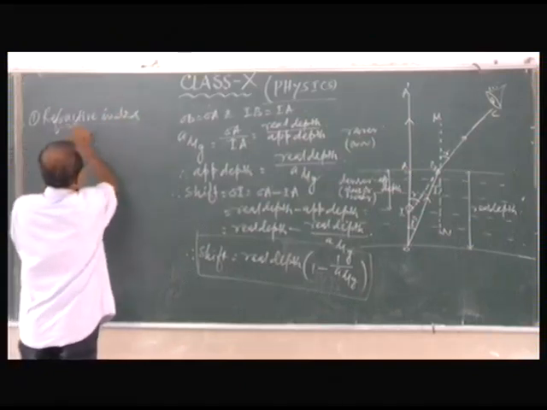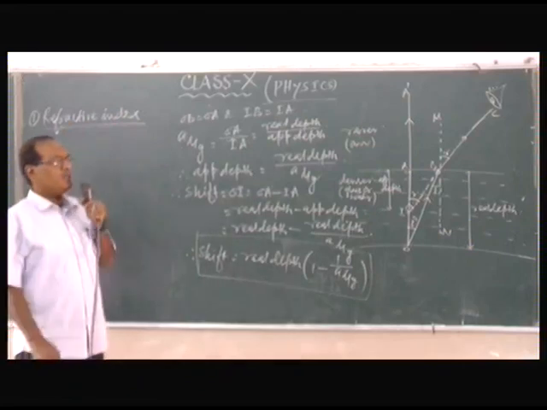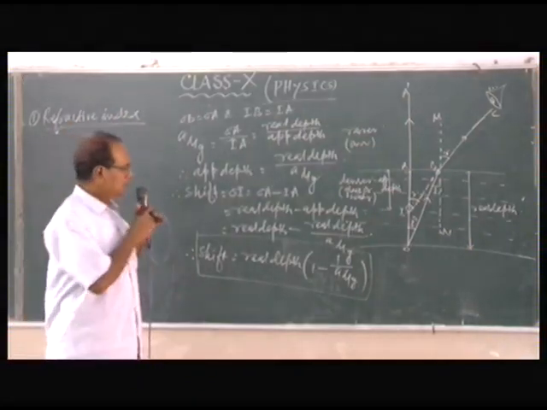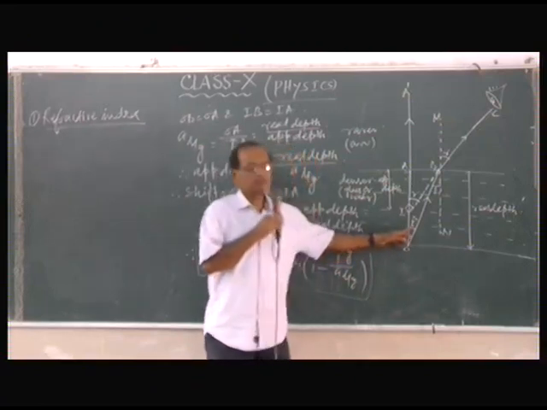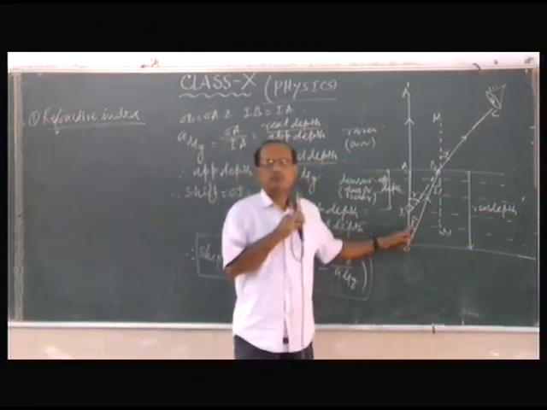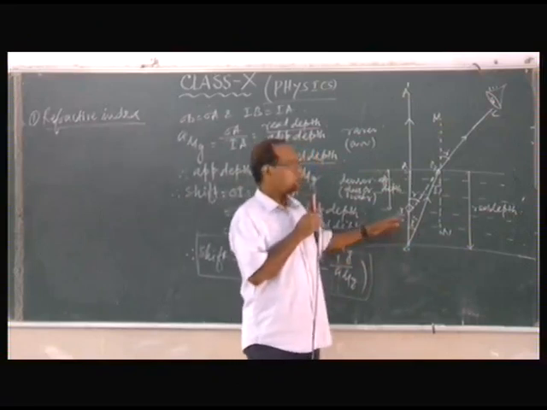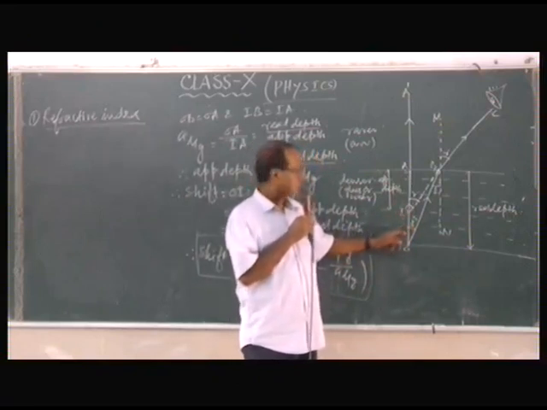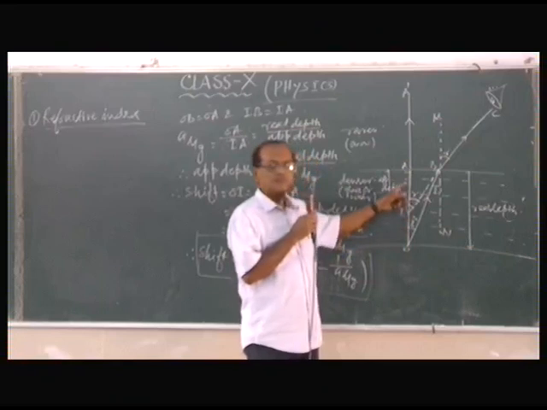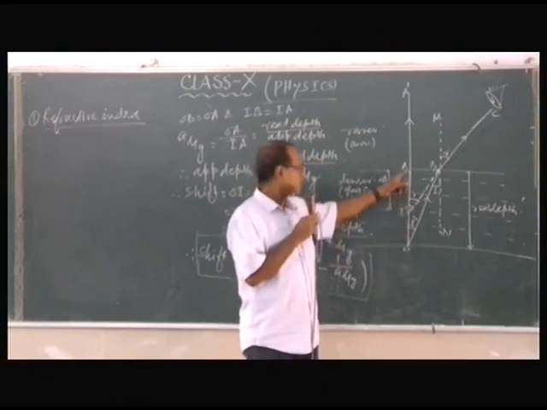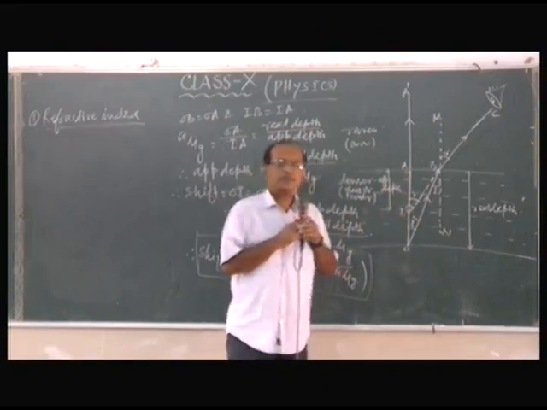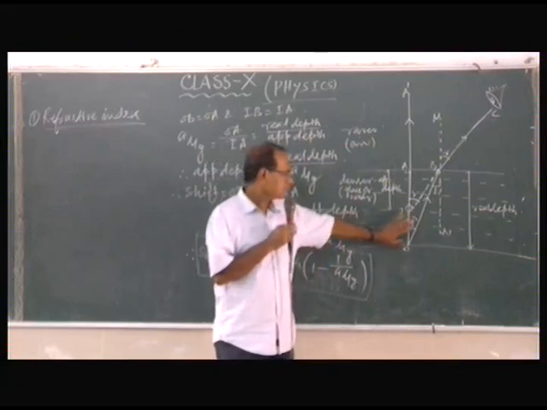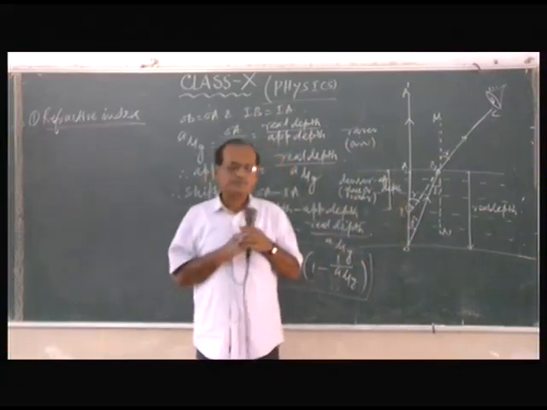More refractive index, more will be the shift. It means instead of water, if we take glass, because the refractive index of glass is more than water, the real depth will be the same, but the apparent depth will be lesser. So OI will increase.